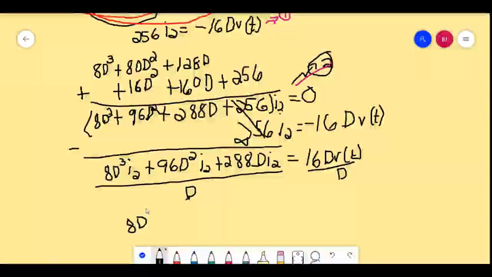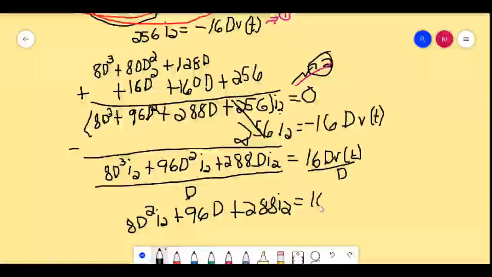So this would become 8d squared I2, 96d. So what I'm doing is I'm dividing each term by d. So 288 I2 equal to 16 v of t.